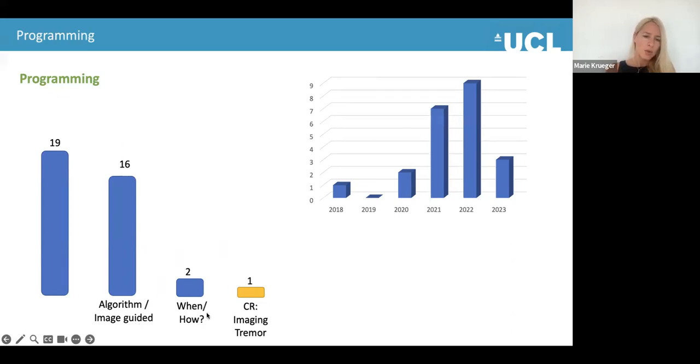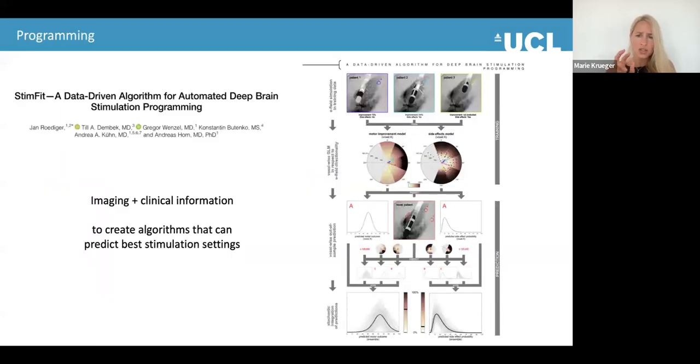And then there are 2 papers that are actually asking the question, when and how should you do the programming, and then 1 case report. And it's not surprising, I think, that most of these studies were published in 2021 onwards. So I just picked out 2. This is the most sophisticated one, I think, or at least I found. And here the authors are feeding a software the images, the lead position.